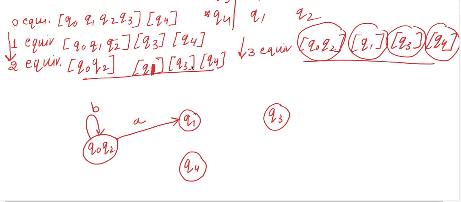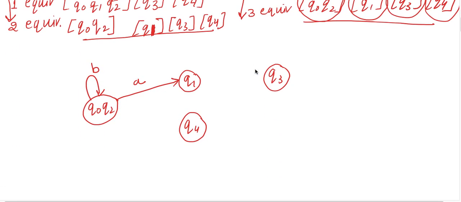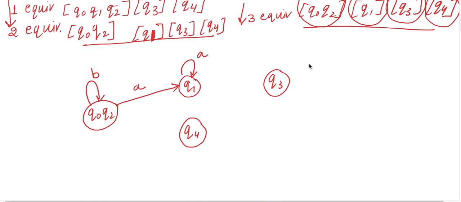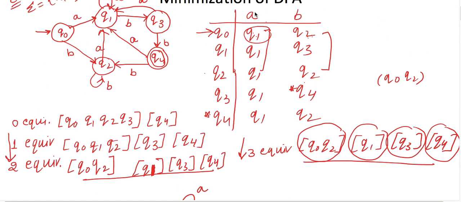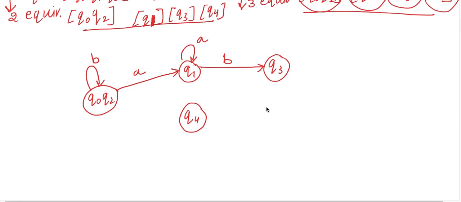Now check at Q1. Q1 on A is remaining at Q1 itself. Q1 on B is going to Q3, so just draw it. Okay, now check for Q3. Q3 on A is going to Q1, so just draw.